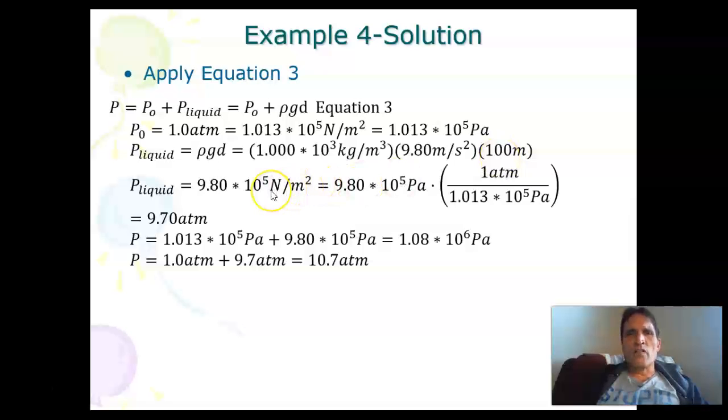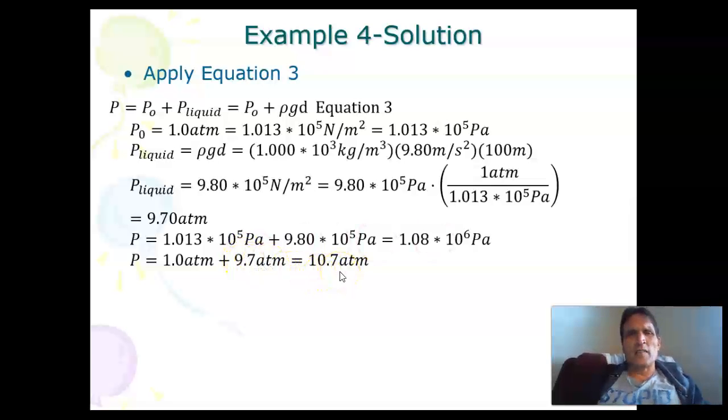We plug all these in, and we get that the pressure of the liquid is 9.8 times 10 to the 5th pascals. We can convert that to atmospheres. That's 9.7 atmospheres. And so the total pressure on the diver is the pressure at the top of the fluid, which is atmospheric pressure, plus the fluid pressure, is 1.08 times 10 to the 6 pascals, or 10.7 atmospheres.